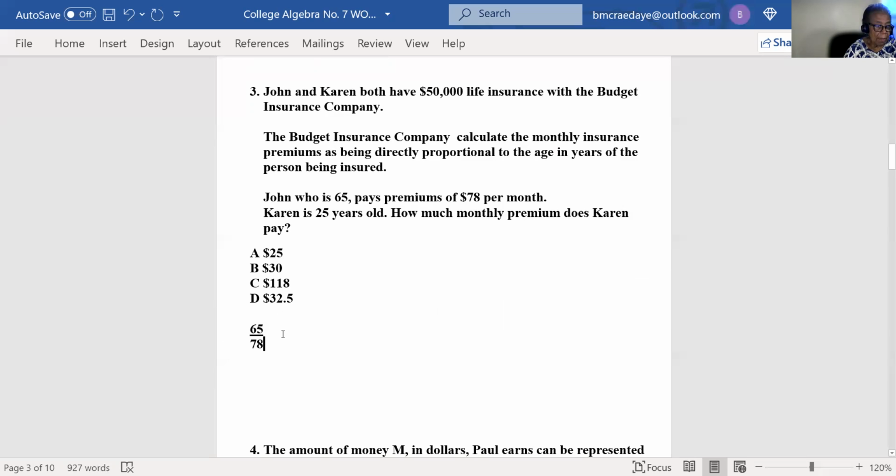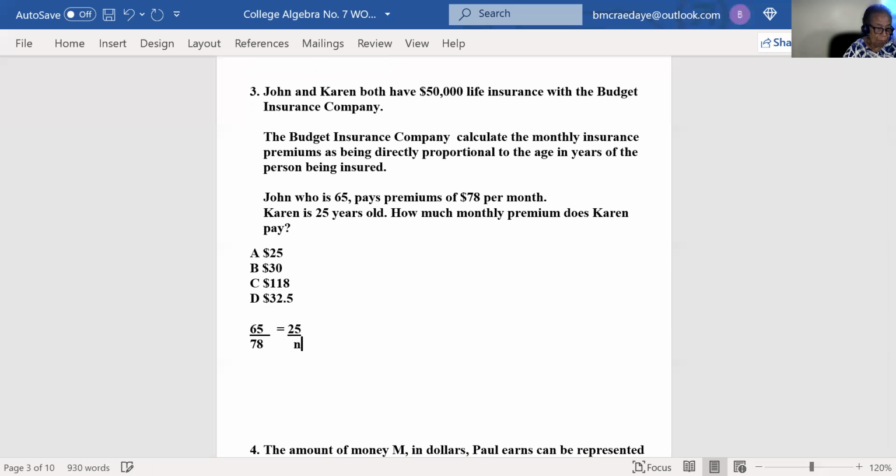And that's equal to Karen, who is 25 years old. So if we put 25, that's her age, and we'll just say N is what she's paying for her monthly premium. So we'll put N here.